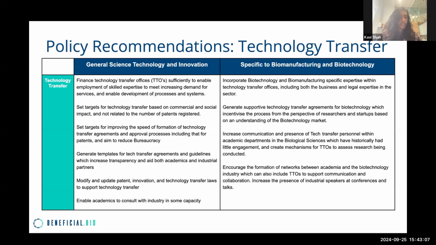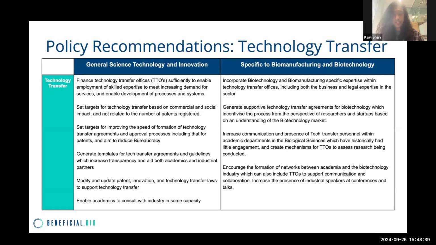And modifying patent laws and technology transfer laws also in certain countries, and increasing the flow of people between academia and industry, and the ability for academics to consult with industry.